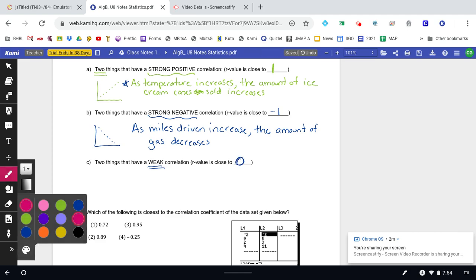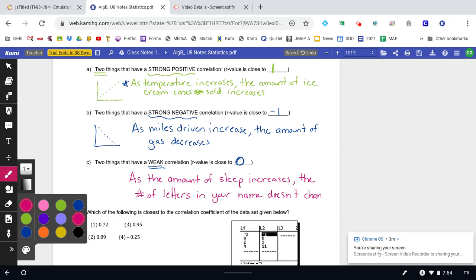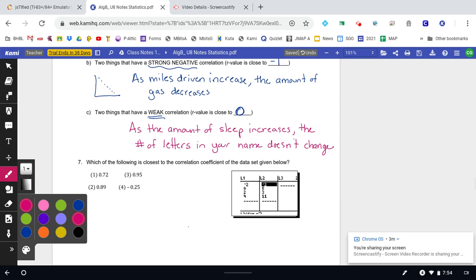So something like as the amount of sleep increases, the number of letters in your name doesn't change. Right? There's no correlation with those at all.